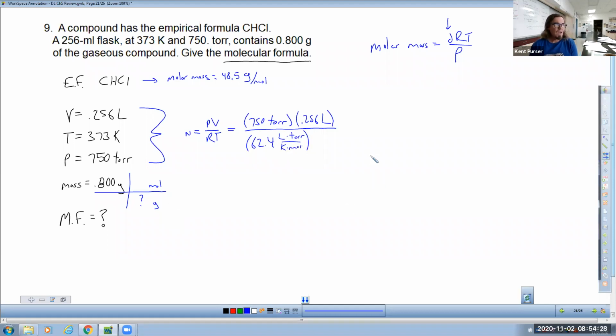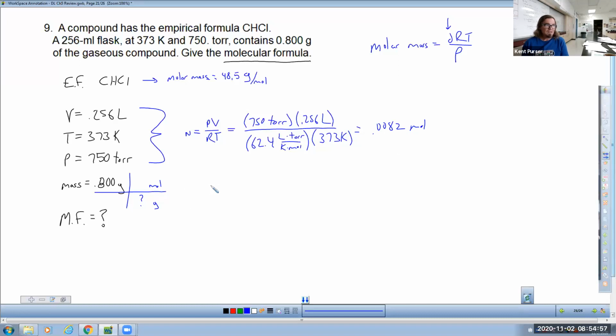And then times the temperature of 373 Kelvin. Multiply those out, you get the number of moles. I don't think I have an answer slide because I didn't put an arrow on this one, so let me just do it real quick. 750 times 0.256 divided by 62.4 and also divided by 373 equals 0.0082. That's the number of moles.